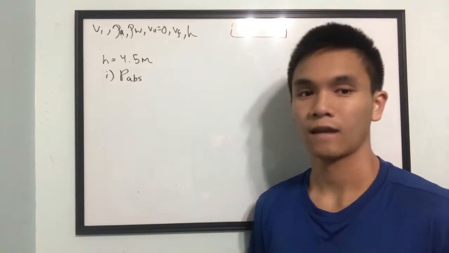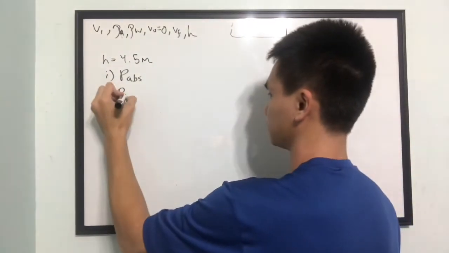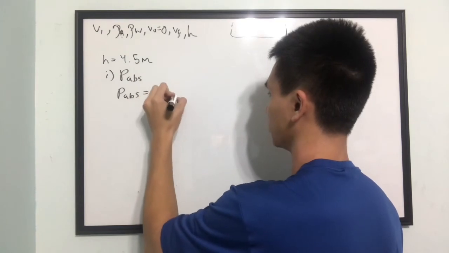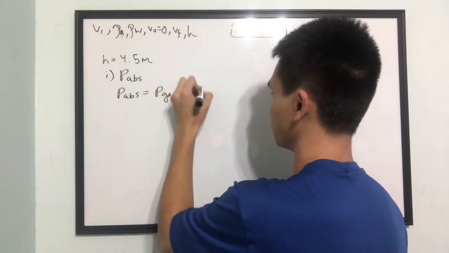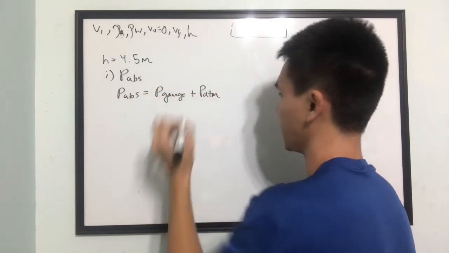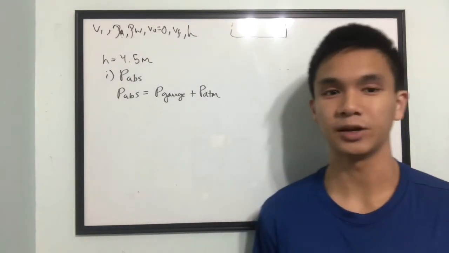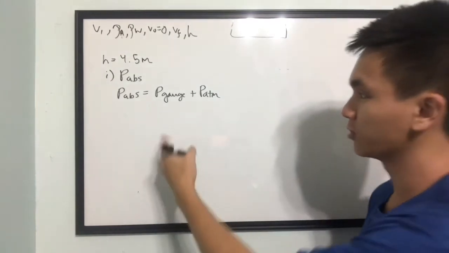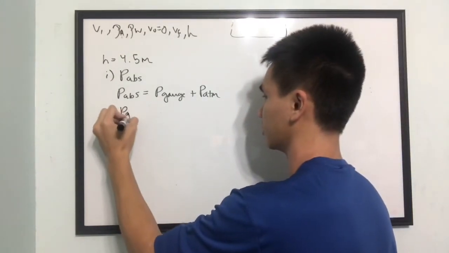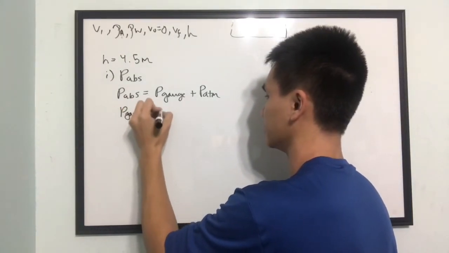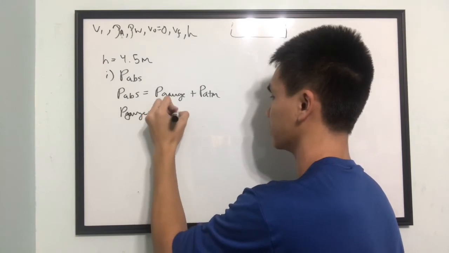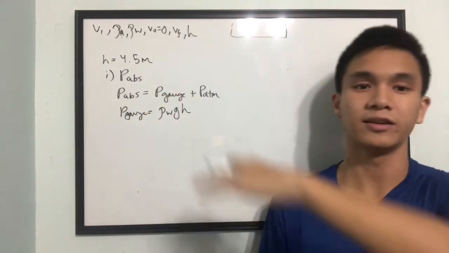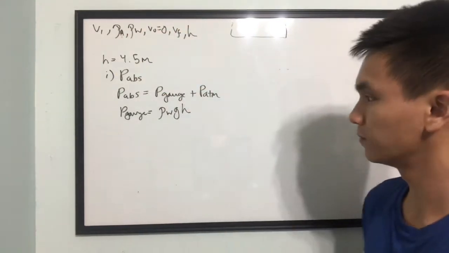So the absolute pressure is equal to the gauge pressure at that point plus the pressure of the atmosphere at sea level, STP, right? For y'all chemists out there. And the formula for gauge pressure is density of the fluid, which is going to be water, times g times height from whatever zero point you set, typically at the surface of the fluid.